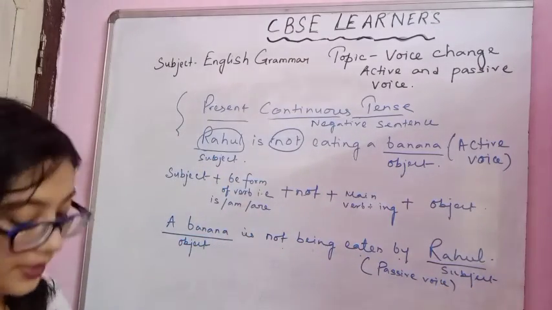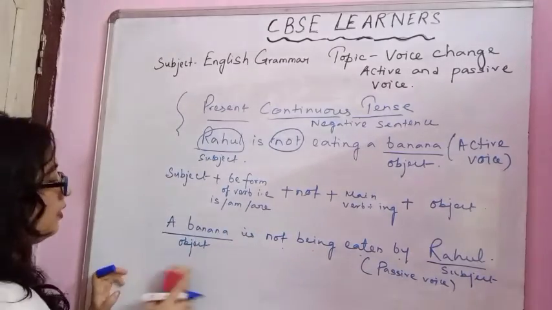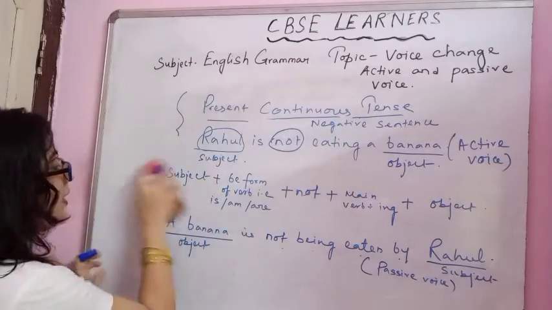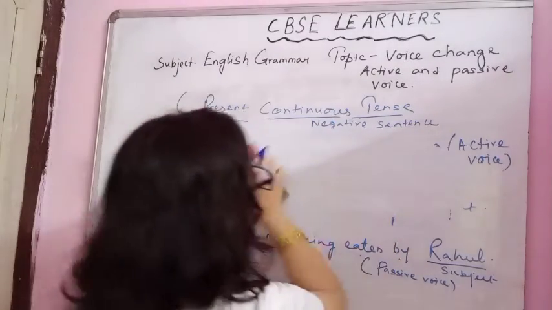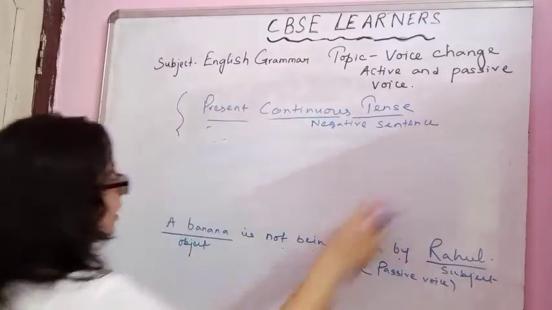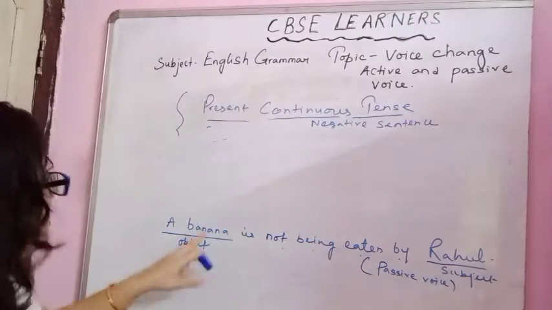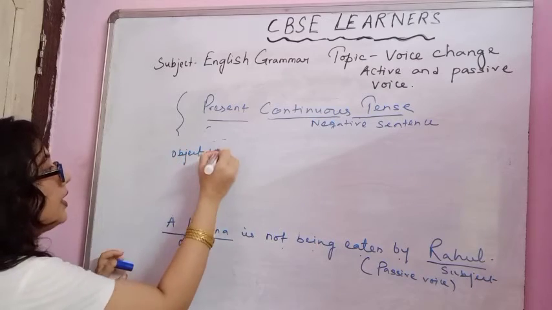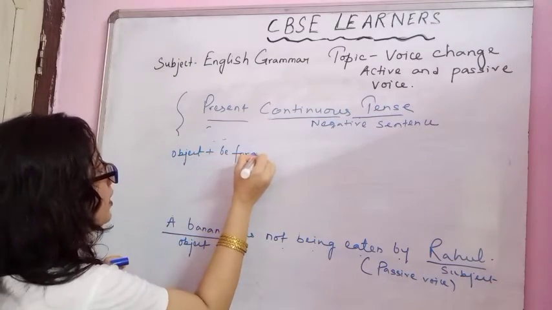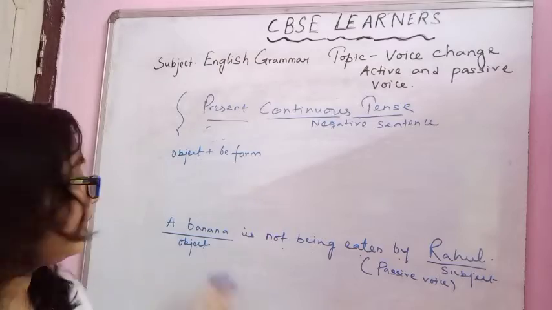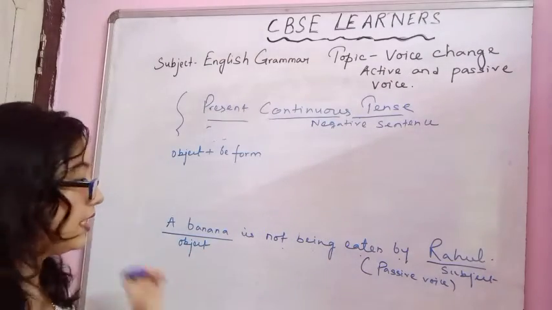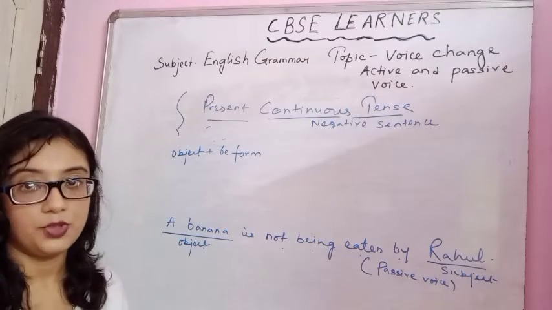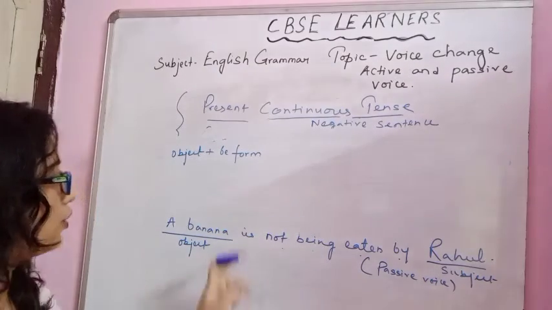Okay, so I think it is visible to you. Yes, so I am erasing this one, just to write down the formula. So what will be the formula? Now see, first thing we got is the object, which is the banana, plus be form. It depends on the number of the object in case of passive, and in case of active, it depends on the number of the subject. So here, a banana, we are using is.